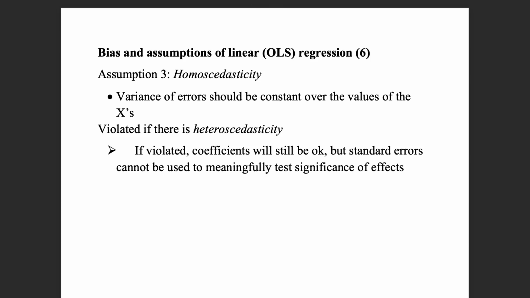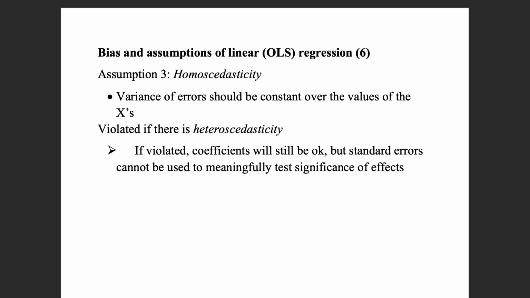Well, the good news is it doesn't really matter for your regression coefficients. You can still estimate your OLS regression model, and the coefficients that you get will be unbiased, although they may not use the data as efficiently as they could, but basically your coefficients will be okay.